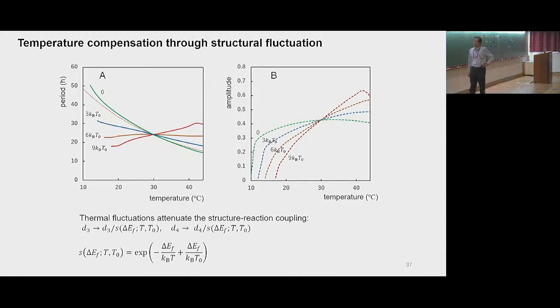But anyway, this is still a hypothesis, but I hope that this can be confirmed through an experimental check on whether the structure fluctuation really increases in this way that weakens the structure reaction coupling. I mean that can be realized through NMR spectroscopy measurement or some other spectroscopic measurement, which would be able to check this prediction.